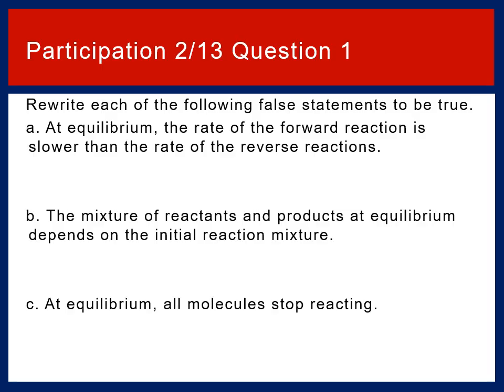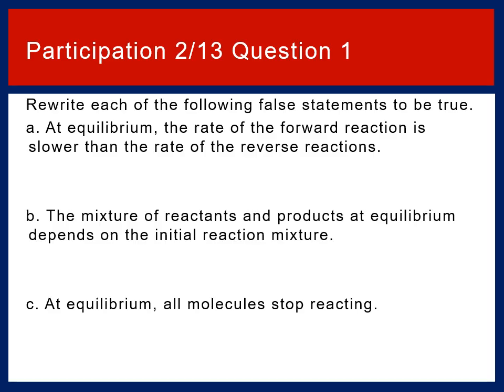Participation 213, question 1. Rewrite each of the following false statements to be true. A, at equilibrium, the rate of the forward reaction is slower than the rate of the reverse reaction. B, the mixture of reactants and products at equilibrium depends on the initial reaction mixture. And C, at equilibrium, all molecules stop reacting. This is the first question on participation 213, due Friday, February 13th at 11:59 p.m. over on Blackboard.